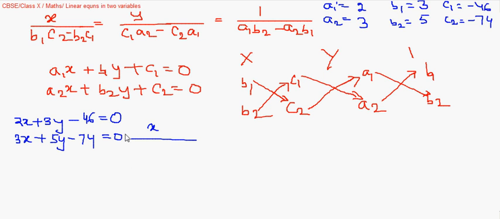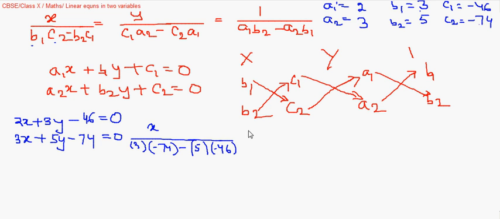Now we will substitute it in the formula. So it is x by b1 c2 minus b2 c1, that is 3 with minus 74, minus 5 with minus 46.